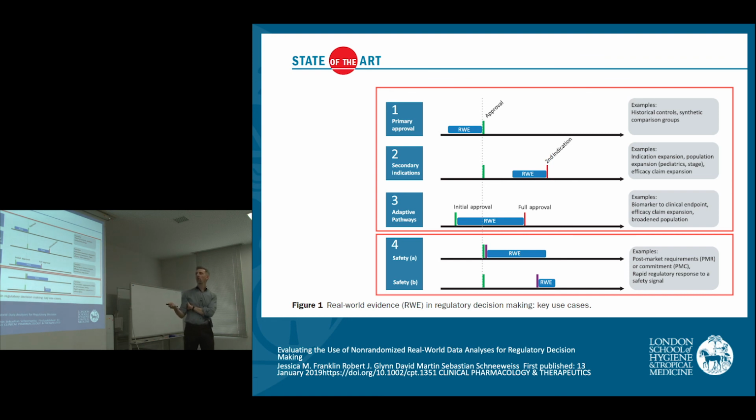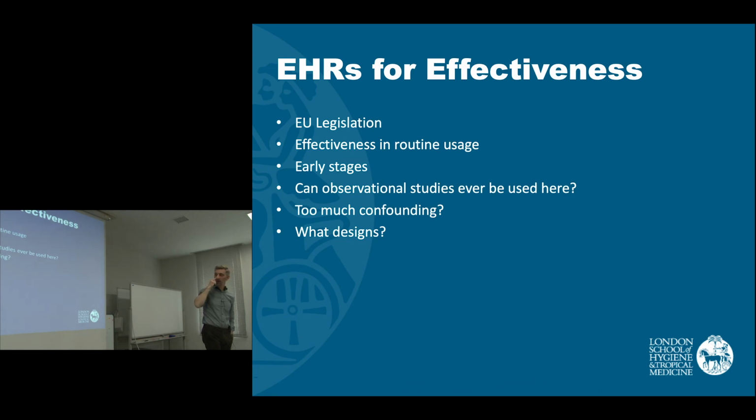And so whether or not, once the drug has been approved, we can then use real-world evidence to supplement what we know from the trials to look further at clinical endpoints. So I think all of these are quite interesting, and I would suggest that if you're interested in this, read this paper. It's a really well-written paper that talks about the future of where we might go. But I'm also going to talk a little bit about where we are, or where I think we are, in electronic health records for effectiveness.